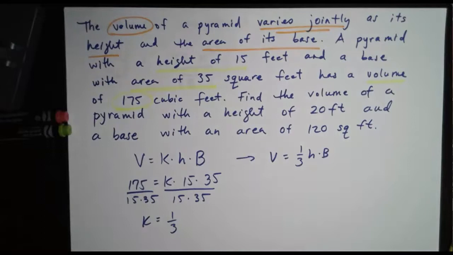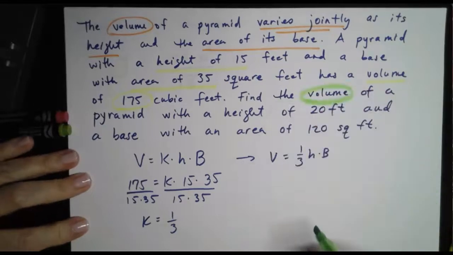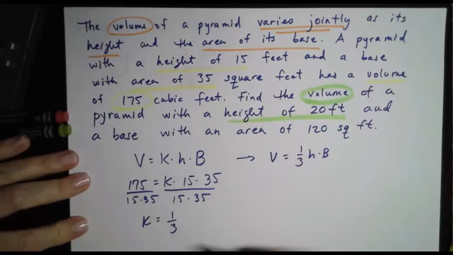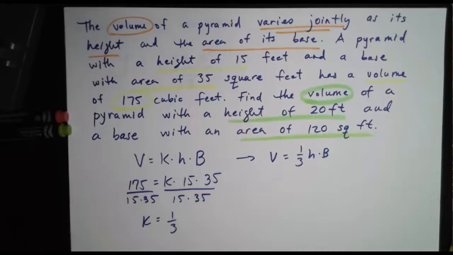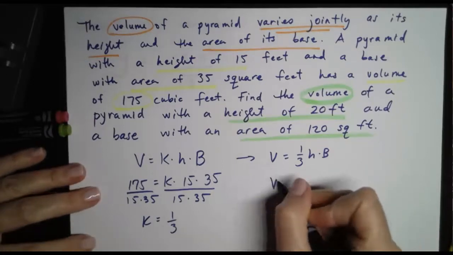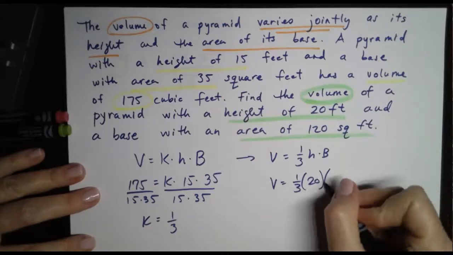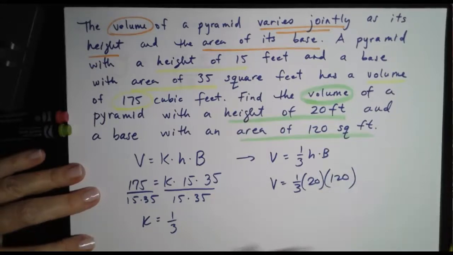So now, let's go to the rest of the problem. Find the volume of a pyramid with a height of 20 feet and an area of the base of 120. So using our freshly found constant of variation, we're going to solve for a whole new volume. Volume equals 1/3 of the height, which is 20, times the area of the base, which is 120.